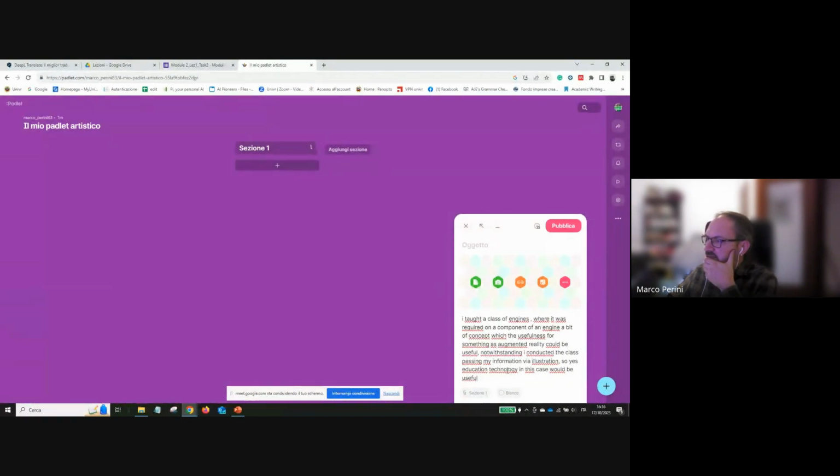Reading this, it is interesting to see that in this case the particular methodological action that made the difference was the use of illustration.